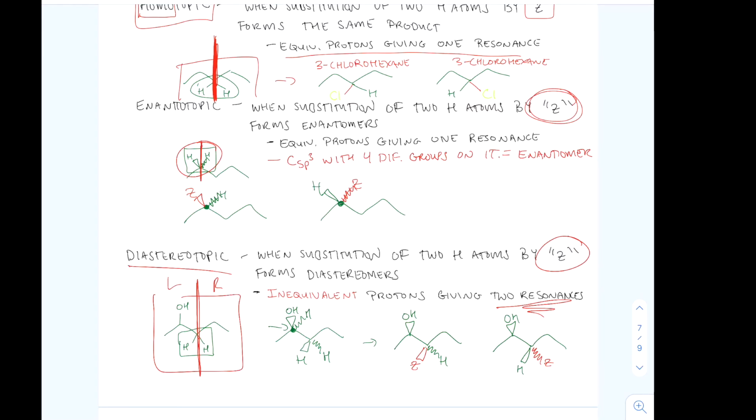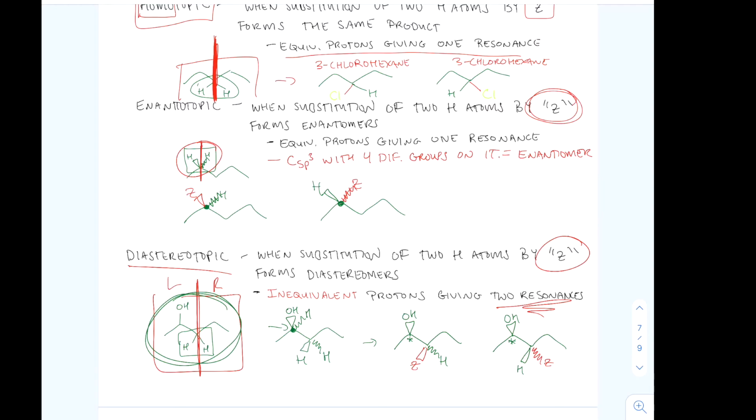Since this particular molecule already has a stereogenic center in the starting molecule, if we have any CH2s, then we will have diastereotopic protons. Okay, so the key here is if there is a carbon that has 4 different groups on it to start, and you have a CH2 in that compound, then you probably have diastereomers once you substitute out for Z. And really what we're looking for is a stereogenic center, which we identified as that sp3 carbon with 4 different groups on it.